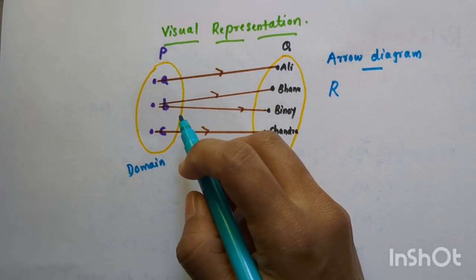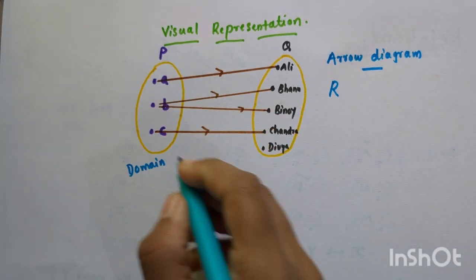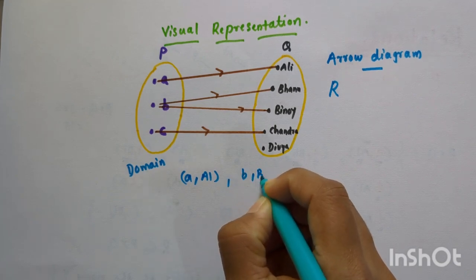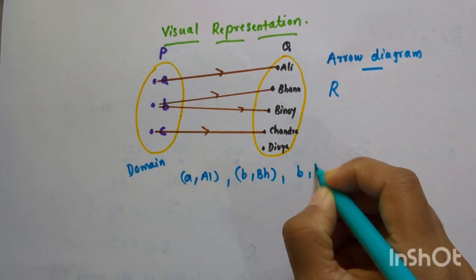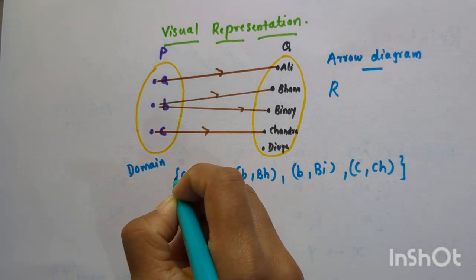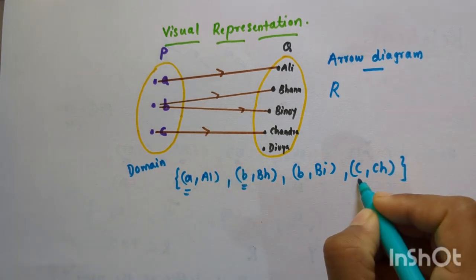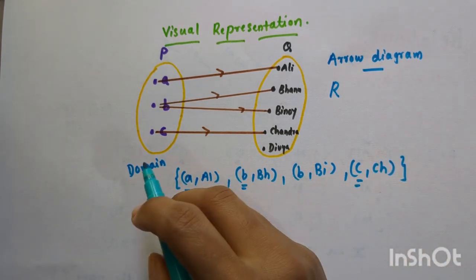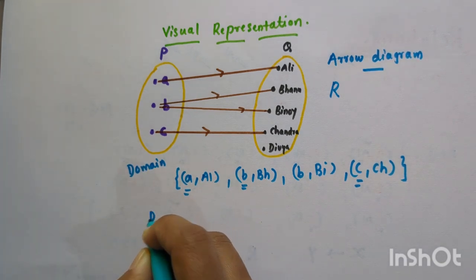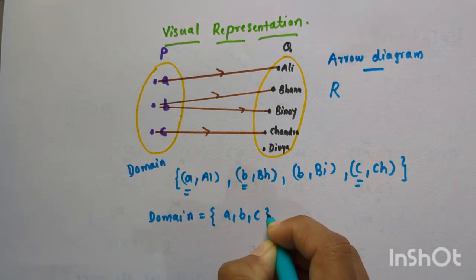In the relation we got A, Ali; B, Banu; B, Binoy; C, Chandra. These are the ordered pairs. So the set of all first elements, A, B, C, is called the domain of the relation R. Here the domain is the set A, B, C.